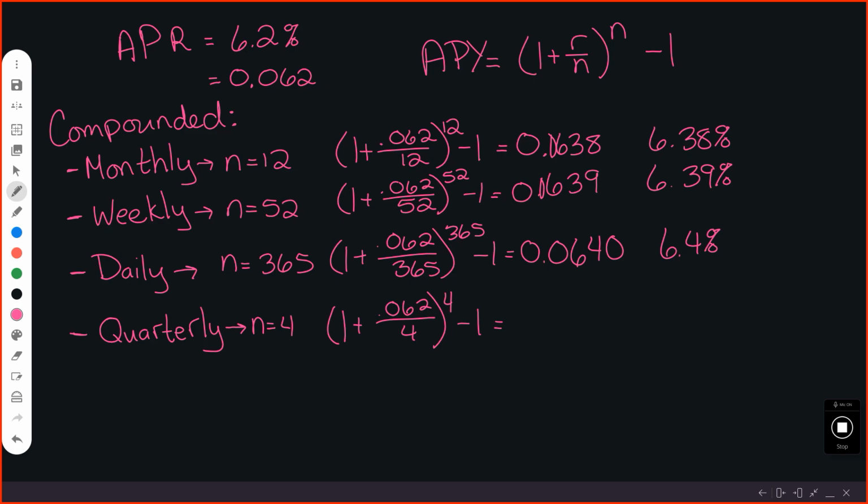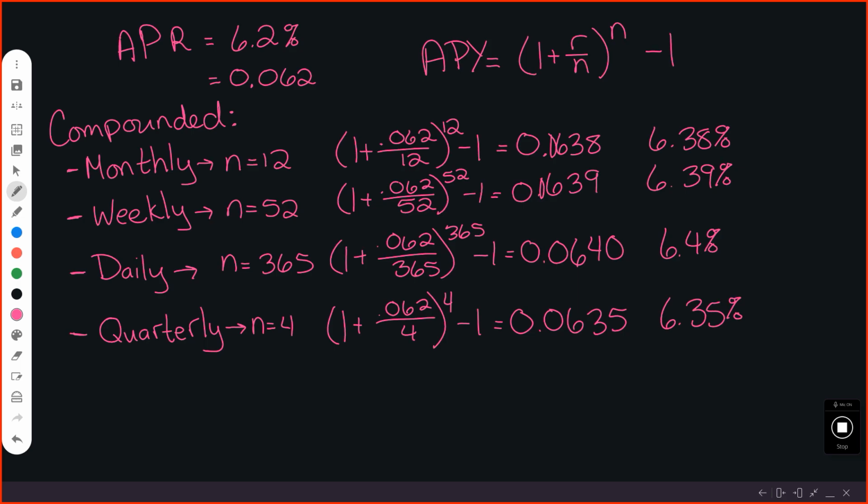And I know it doesn't seem like it's a hugely big deal right now, but when your interest rate is higher, it makes more of a difference. 0.0635. So this is 6.35%.